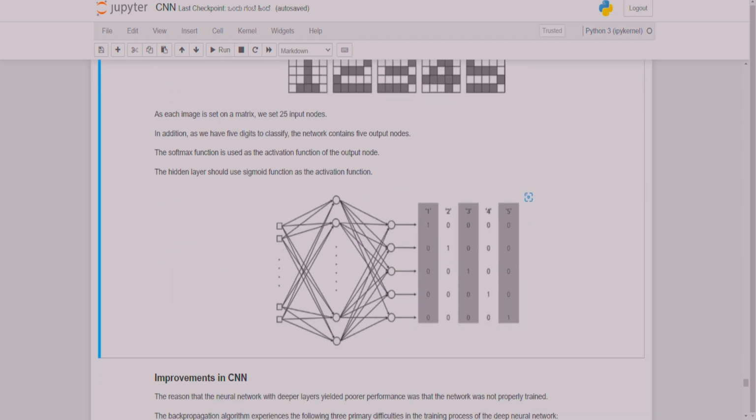Roughly the network looks something like this. This size is 25. I know that if I'm going to use 1 hidden layer, go with 1, don't go for more, because I know it's going to work with one hidden layer itself, but definitely the number of neurons should be more than 25.